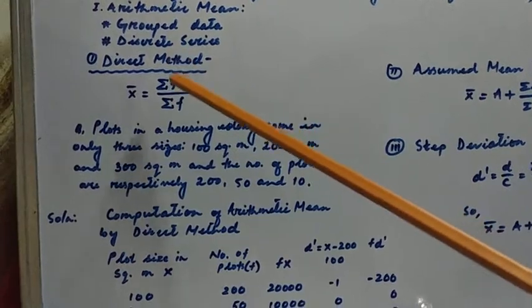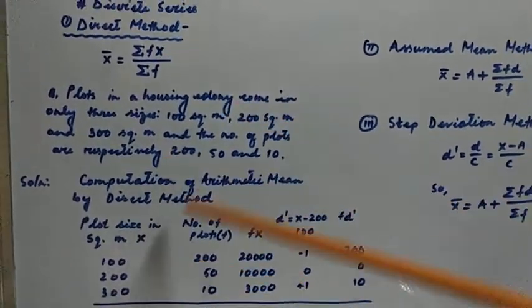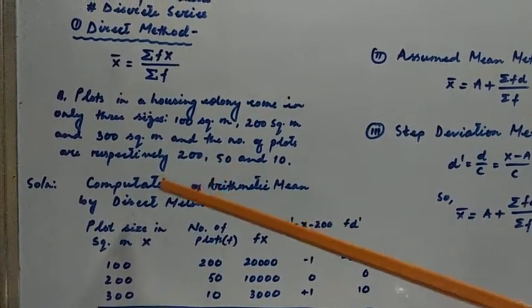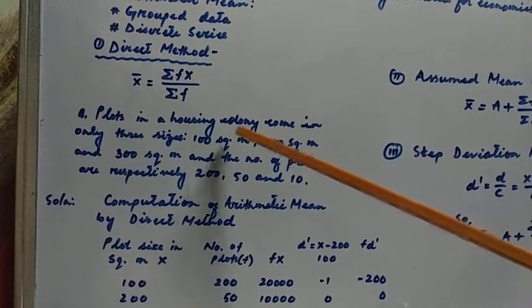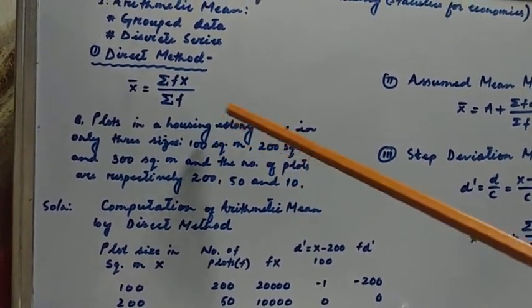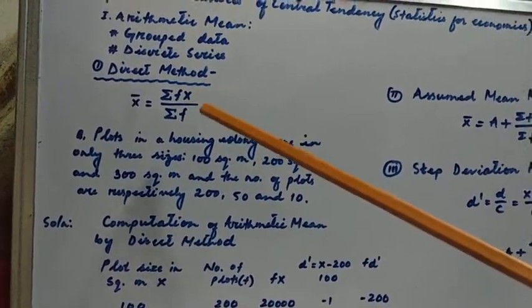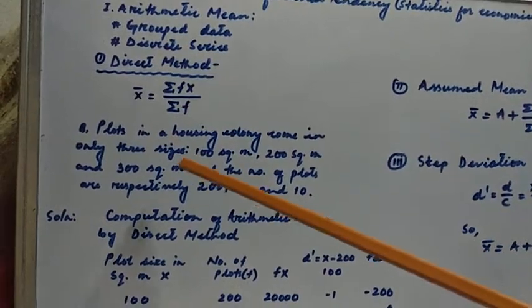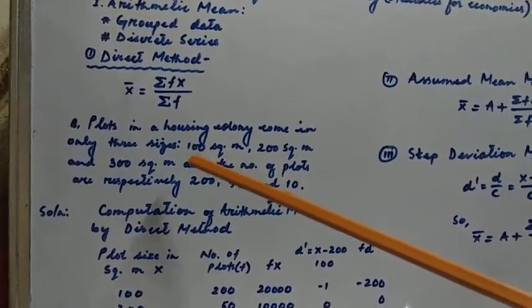It is multiplied by the value of the observation, as you will see when we do the example numerical problems. The values obtained by multiplication of the values and the frequency against each observation are summed up, added, and divided by the total number of frequencies.